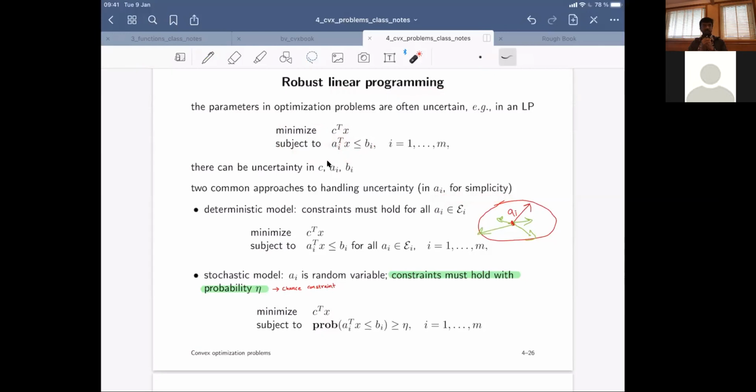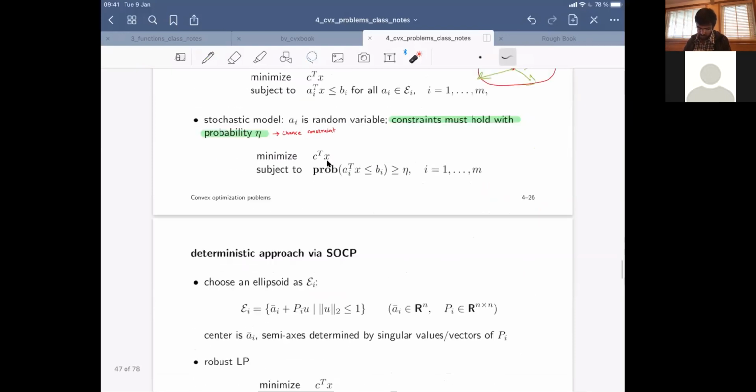That's very difficult, not possible. So what we do is rewrite the problem by including this randomness and come up with an SOCP. So what is SOCP? We are now seeing how a linear programming with a chance constraint can be rewritten in an SOCP framework.